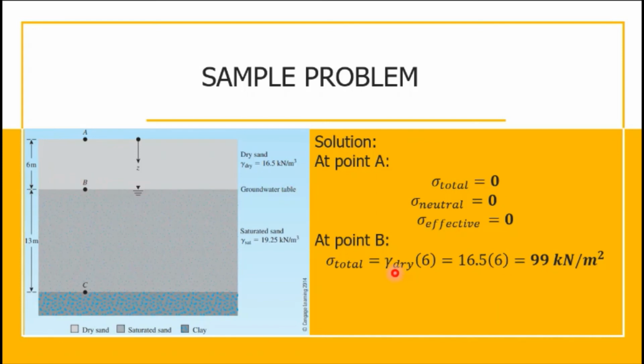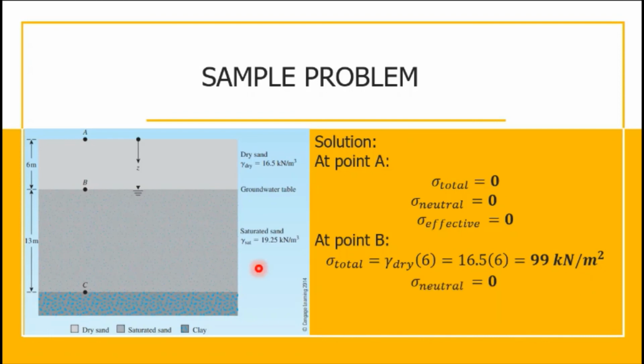That's why dry unit weight times 6, and given the dry unit weight of sand is 16.5, it's 16.5 times 6. Therefore, it is equal to 99 kilonewton per square meter, or 99 kPa.